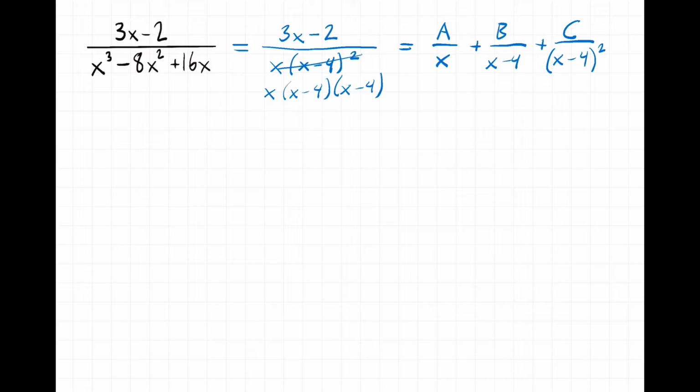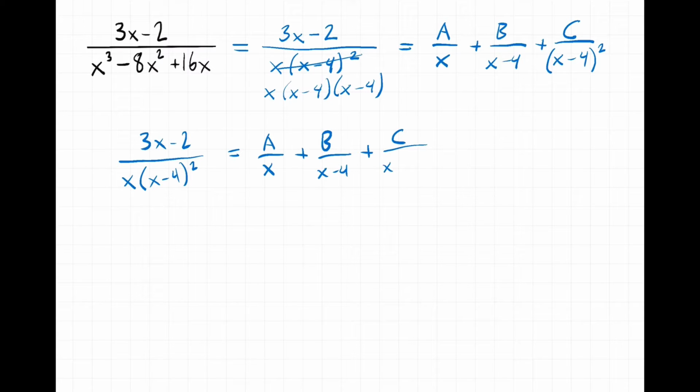So let's do this. We've got 3x minus 2 over x times x minus 4 squared, and that equals a over x plus b over x minus 4 plus c over x minus 4 quantity squared.